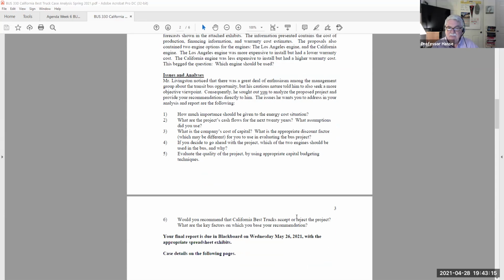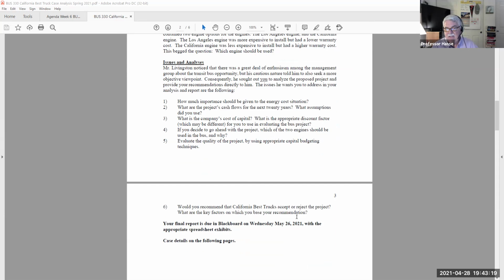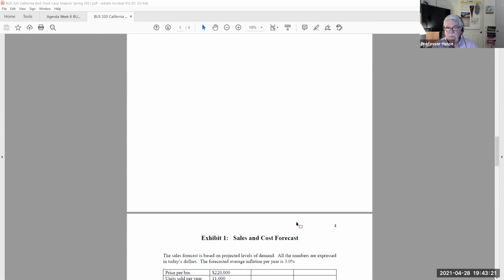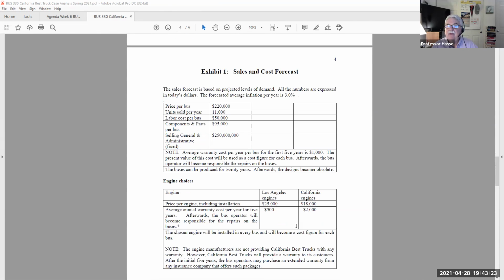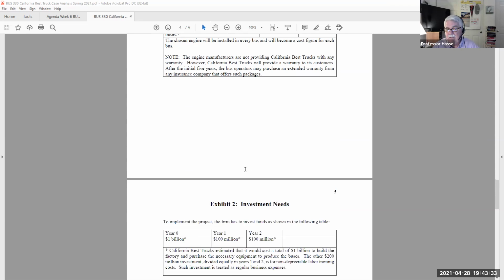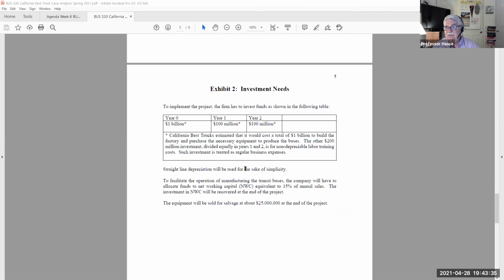This paper is due on May 26, Wednesday, to Blackboard. And on page 4 are the exhibits, the information that you need to piece together to do your analysis. Sales and expenses, exhibit 1. The investment in the asset, $1 billion.